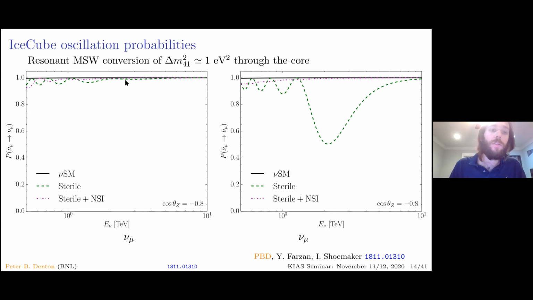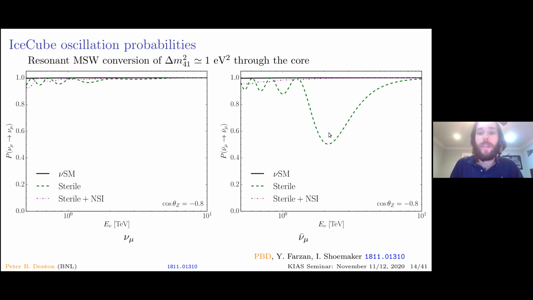Now, for the sterile neutrinos at the best fit point from LSND and MiniBooNE, we get the green dashed curve. You can see it's doing a little bit of wiggling. It's a little bit lower, but IceCube is not very precise, so they probably wouldn't notice this. However, for muon antineutrinos, there's a huge dip going down to about 0.5. So even though the mixing parameters in question are a little bit small, the effect is very large due to this resonance.